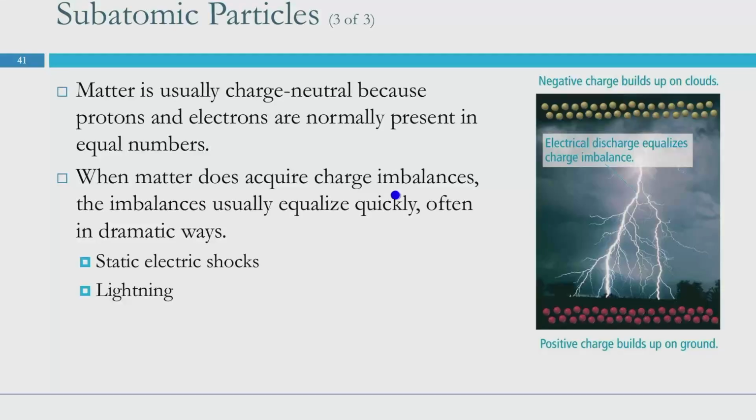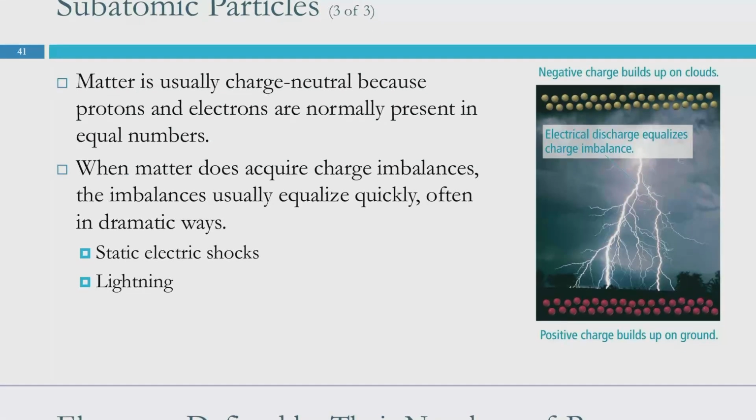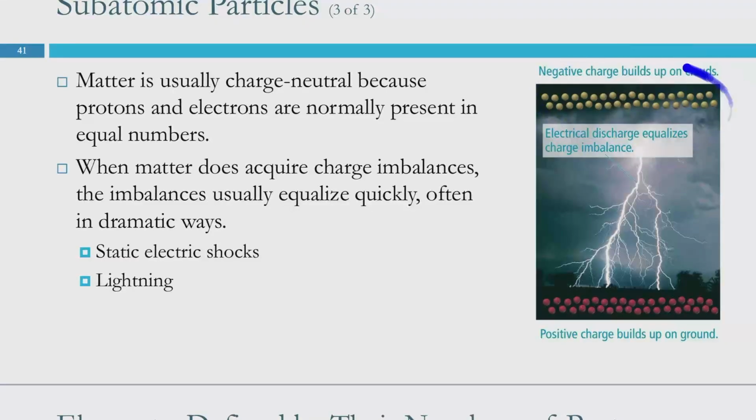But we can get charge imbalances, and those charge imbalances usually equalize quickly. So think about electricity strikes. That's a very large scale electrical charge imbalance. We get a big buildup of negative charge, and that all releases at once in a giant shock of electricity.